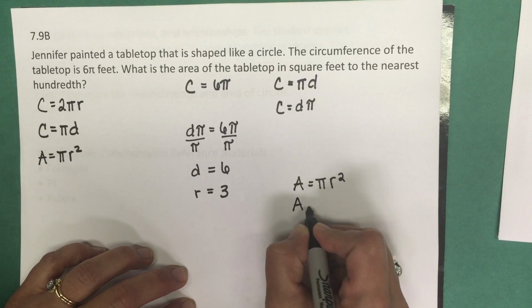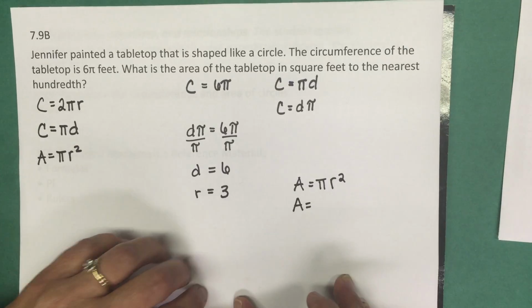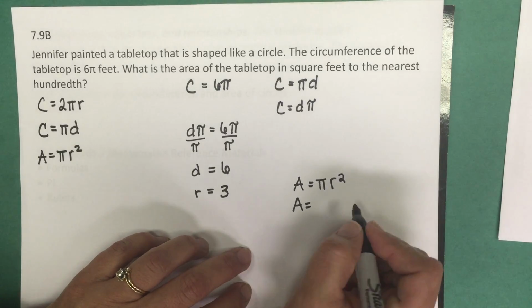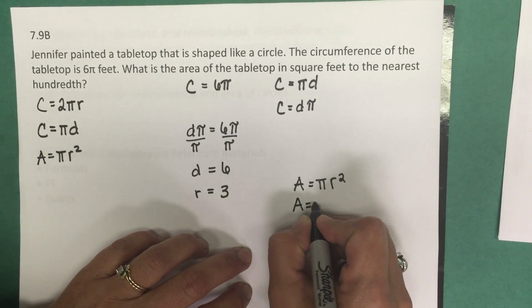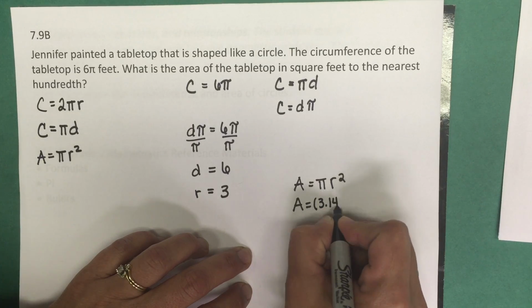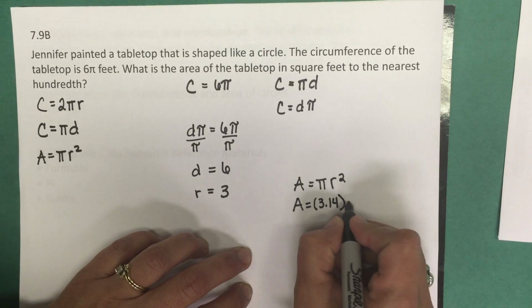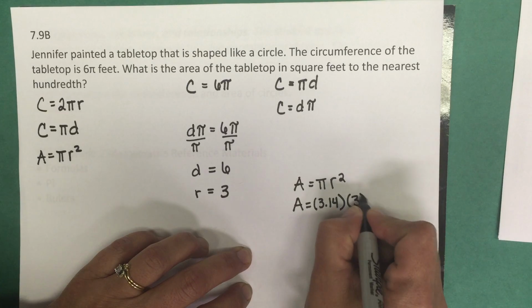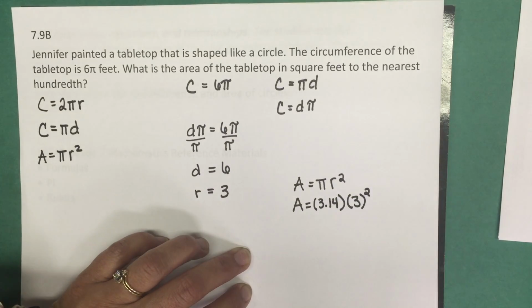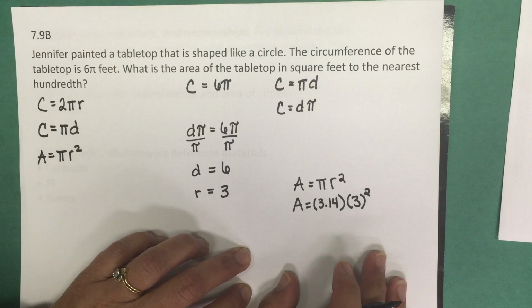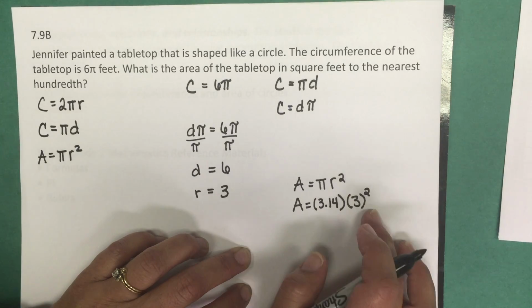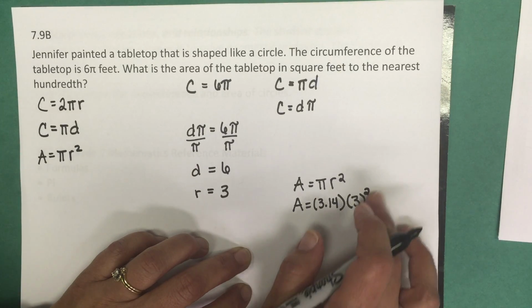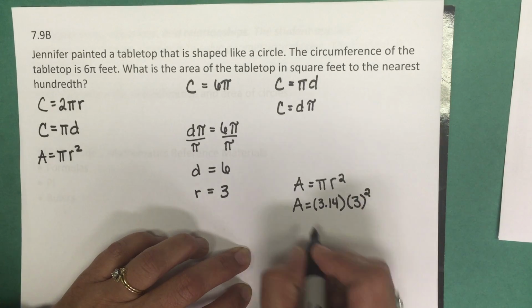I'm going to substitute in some values. Area is going to stay as A, that's what we're solving for. For pi, I'm going to use 3.14. And we know now that the radius is 3, and we have to square our radius. Using order of operations, we evaluate the exponent first.